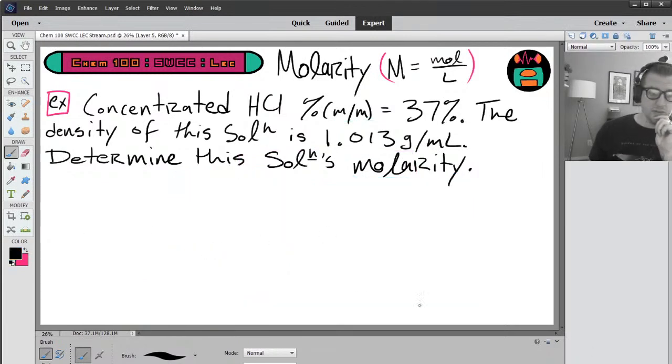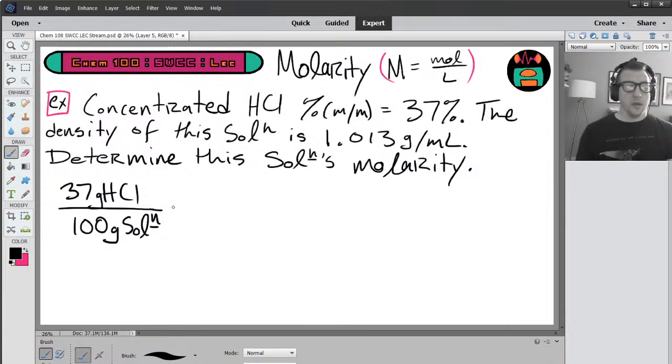We have 37 grams of hydrochloric acid in 100 grams of solution. All right.